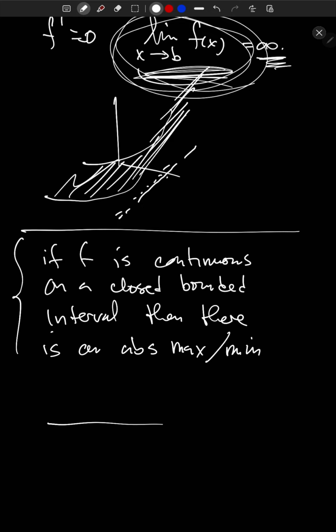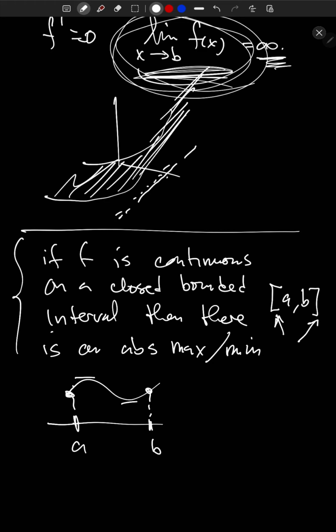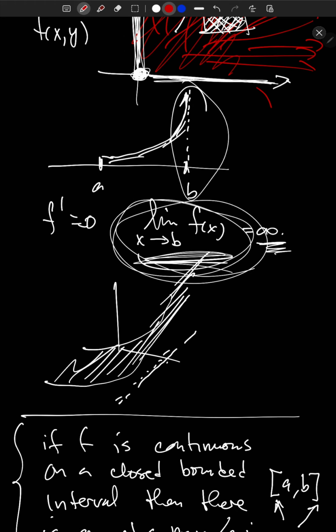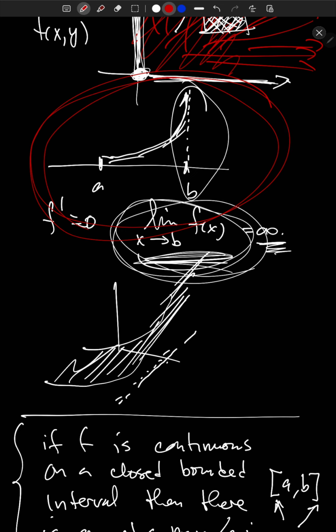If we look at a continuous function on an interval, let's say a to b, that's closed and bounded, what that means is my interval is bracket a comma b bracket, including a, including b. If it's continuous, then for sure there's an absolute max or min. It could be inside, it could be on the boundaries. Our previous example up here violates that because our function is not continuous at b.